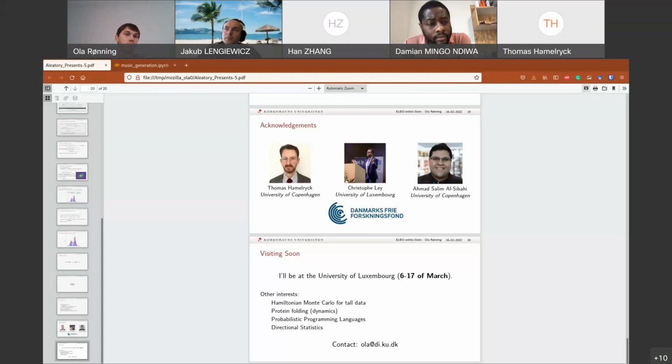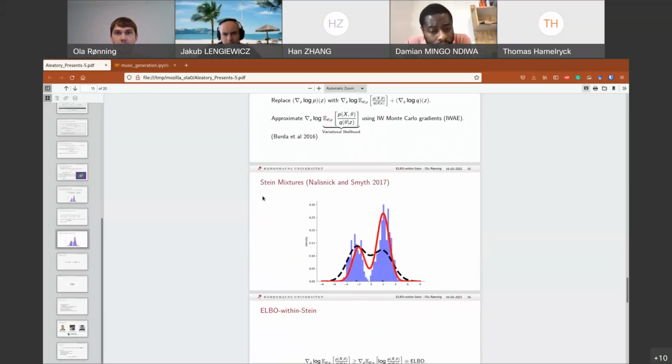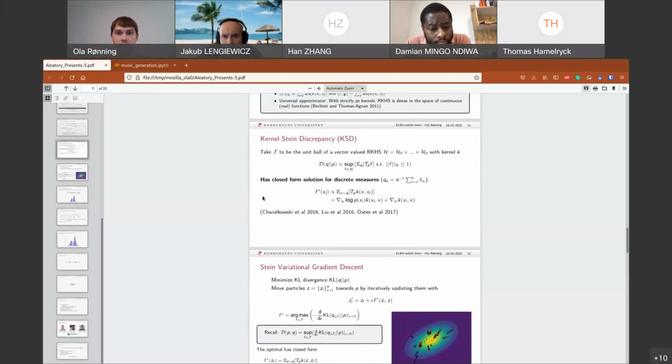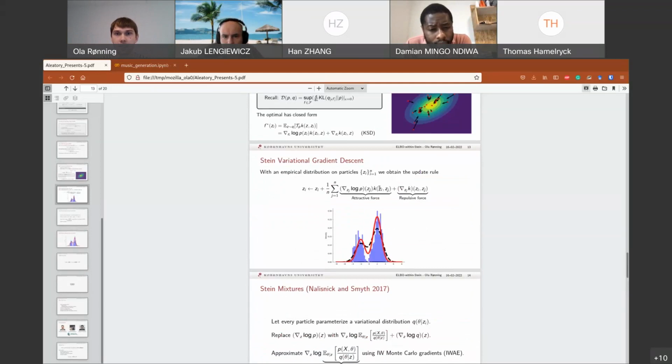Particles are able to move relative to each other, and as you could see with Stein Variational Gradient Descent, they interact, right? The kernel is a function of particle pairs. That's the main gain.